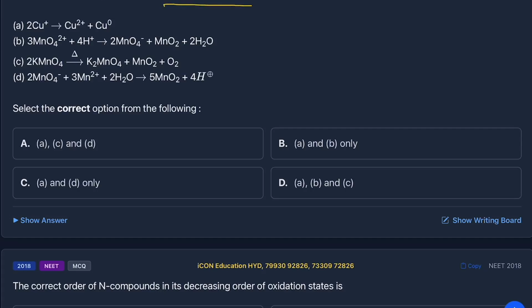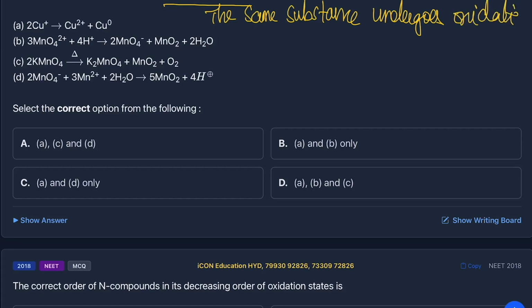The same substance undergoes oxidation, meaning an increase in oxidation number, and reduction, meaning a decrease in oxidation number, forming two different products.